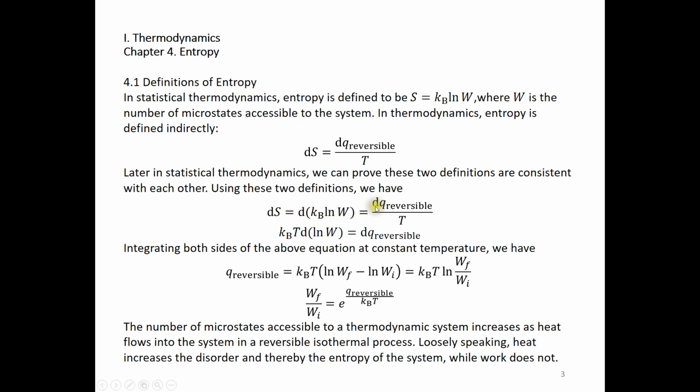It's also equal to dq reversible over a temperature T. And we can equate these two sides. And over here we have kBT times the exact differential of ln W is equal to dq reversible.